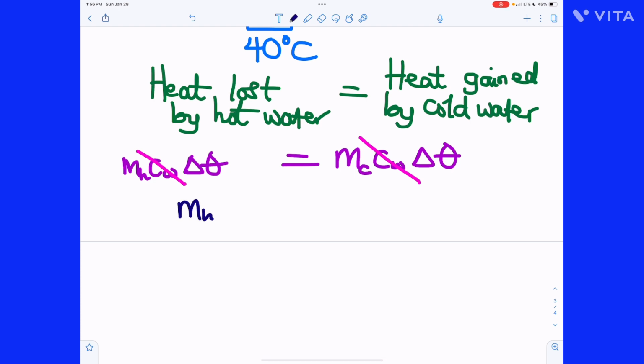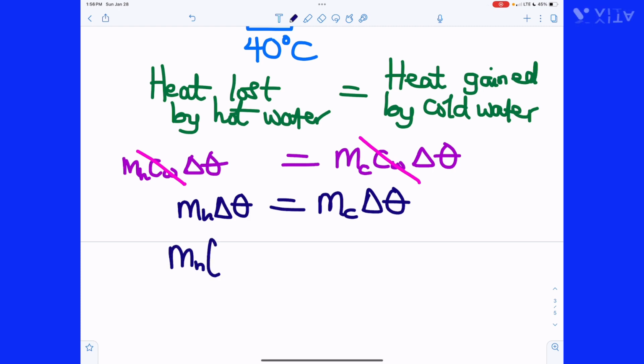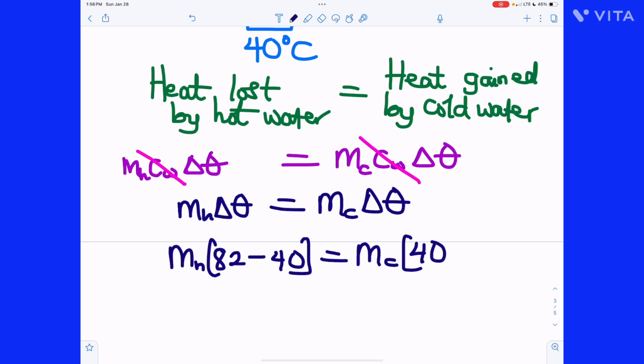So you have mass of hot water times change in temperature is equal to mass of cold water times change in temperature. Exactly. So the temperature of hot water will decrease from 82 to 40. The cold water you take, its temperature will increase from 26 to 40.